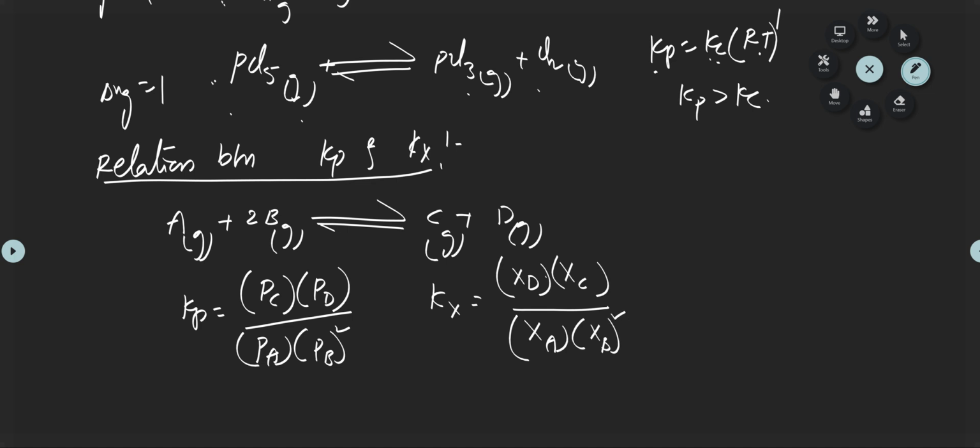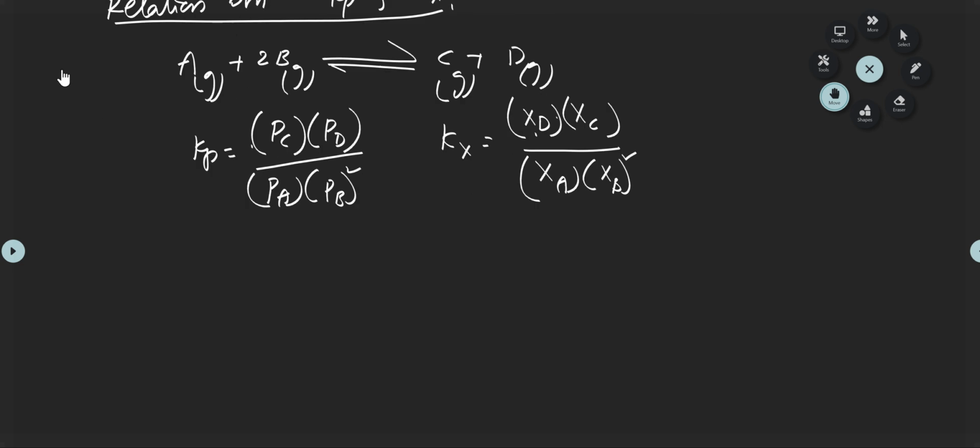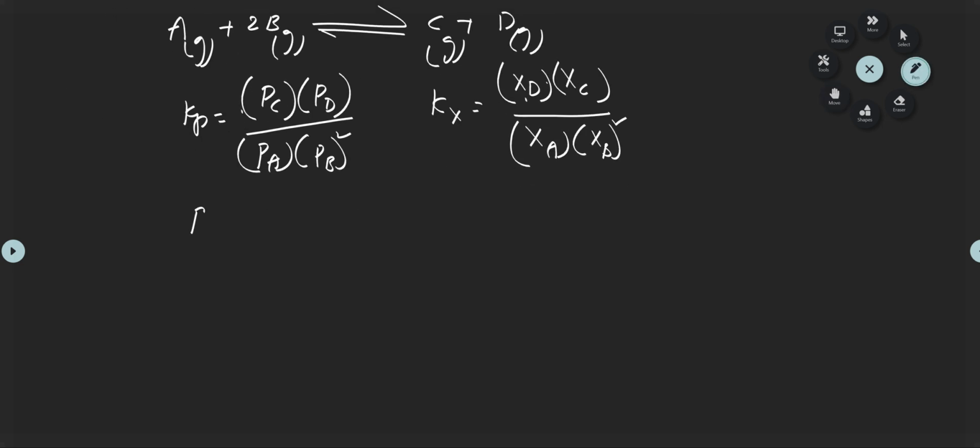We have the formula for the partial pressure and mole fraction relation. What is that formula? Partial pressure is equal to mole fraction into total pressure. Now you can find the partial pressure of the reactants and products.